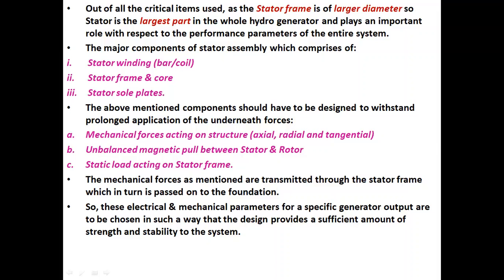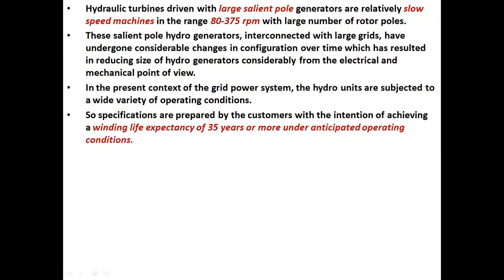So these electrical and mechanical parameters for a specific generator output are to be chosen in such a way that the design provides a sufficient amount of strength and stability to the system. Hydraulic turbines driven with large salient pole generators are obviously slow speed machines in the range 80 to 375 RPM with large number of rotor poles.